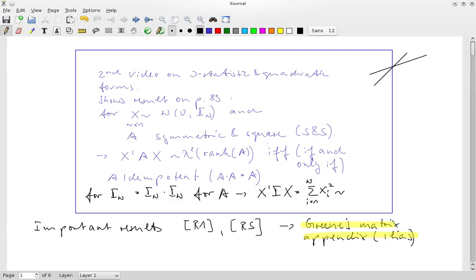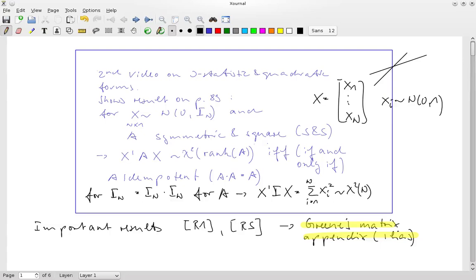Obviously you get a chi-square distributed random variable with degrees of freedom equal to n. So the vector x consists of the elements x1 to xn, and each element xi is a standard normally distributed random variable. They're also independent, so the result obtains.